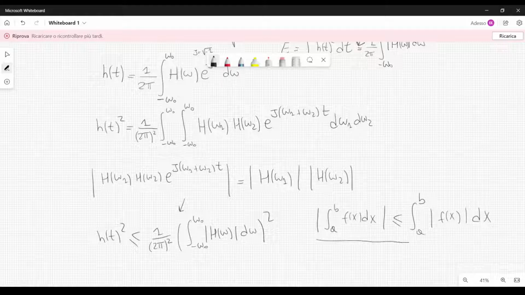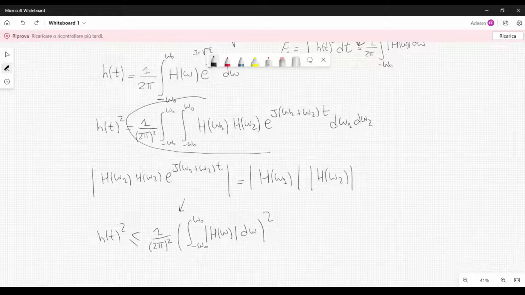So you can also find something similar with multiple variables. And from this expression here, if you take the absolute value, you can show that this is less than or equal to that. And therefore, |h(t)| squared will be less than or equal to this.